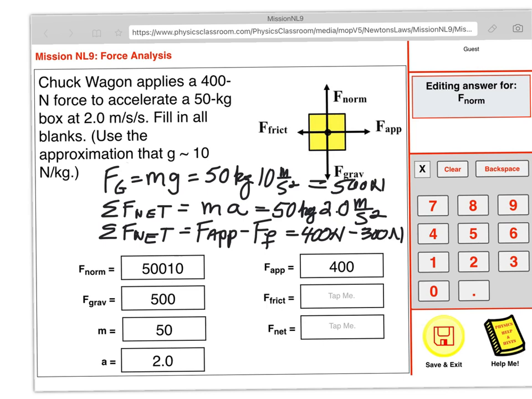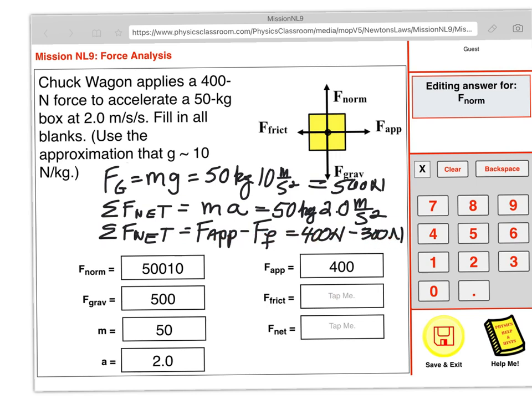So then we're left with finding the friction force and the net force. Since we're given the mass and the acceleration, we can use that information to find the net force. That's 100. And since the net force is 100, we can use that to find the friction force.